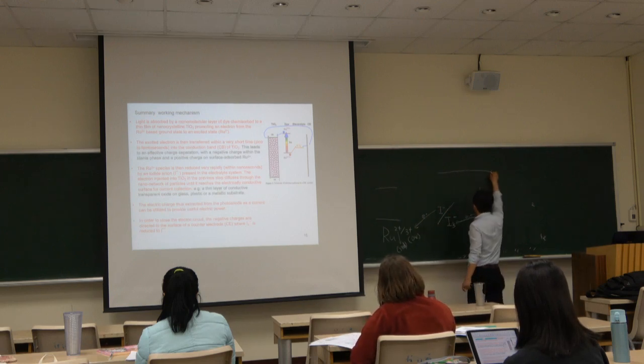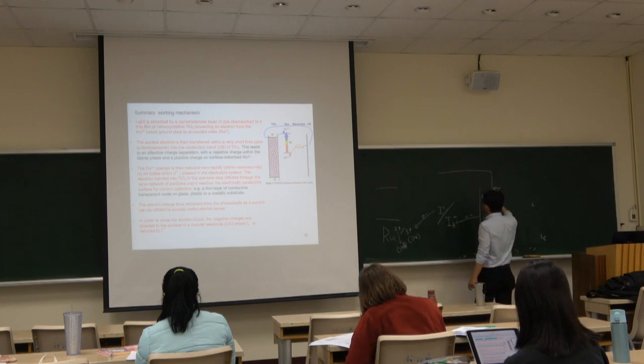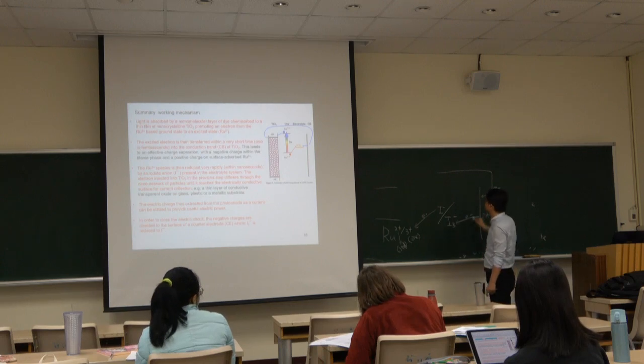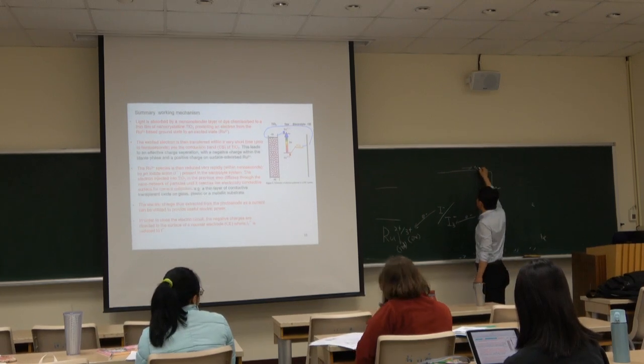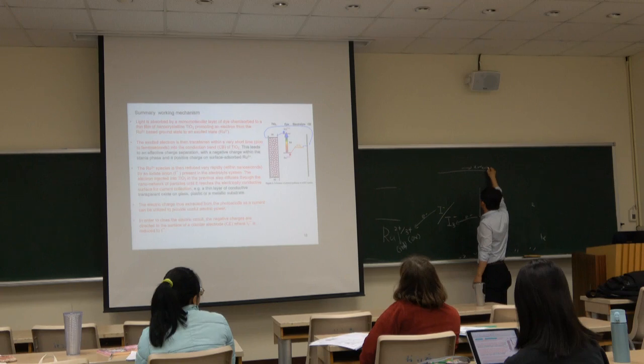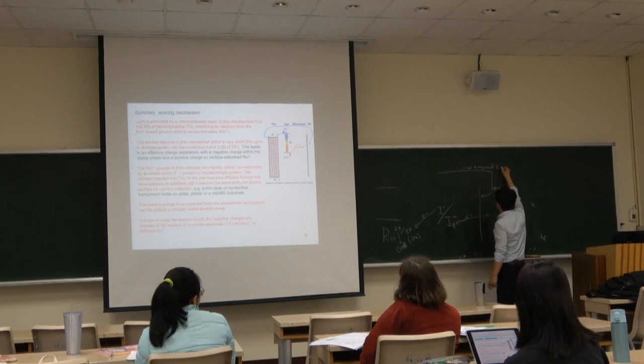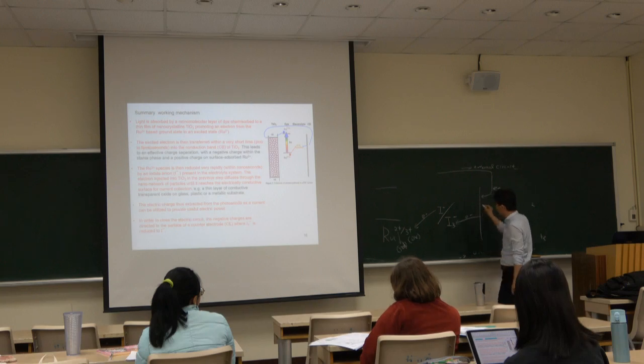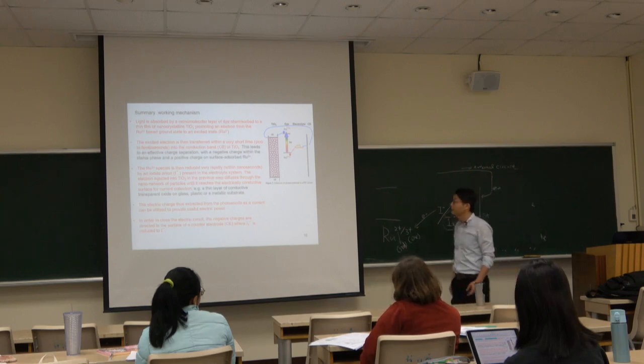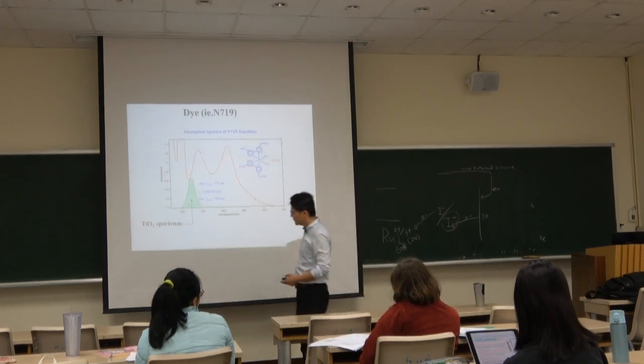There's an external electron here, right? The external electron provides electron to PT, so it can reduce I3 minus. So this is quite simple.